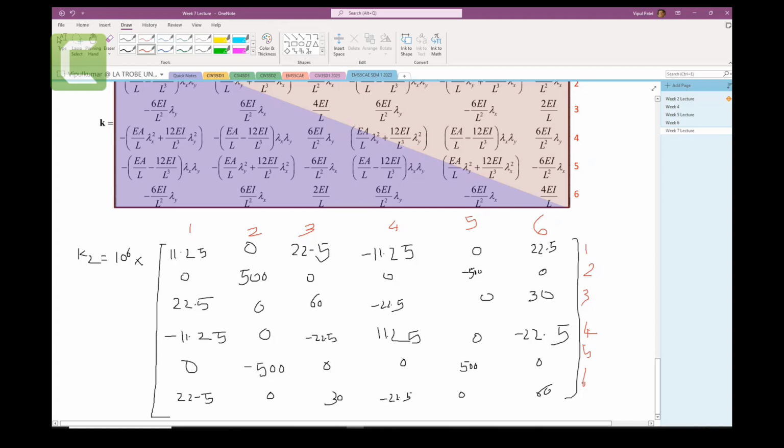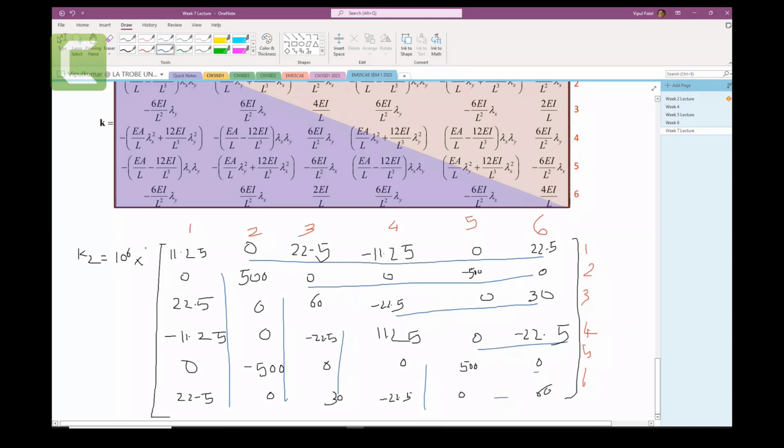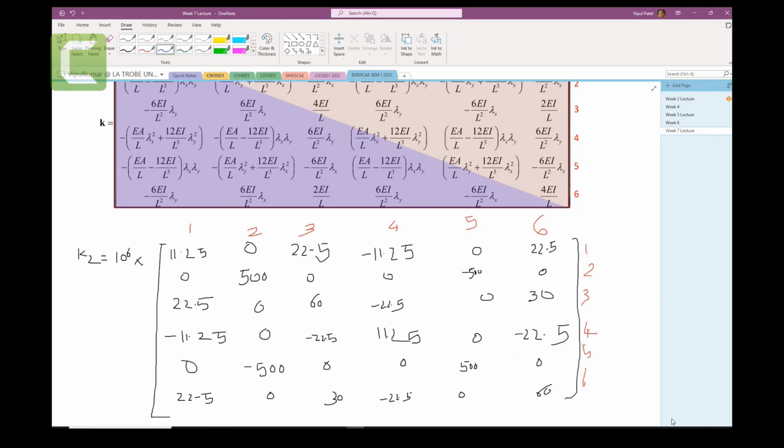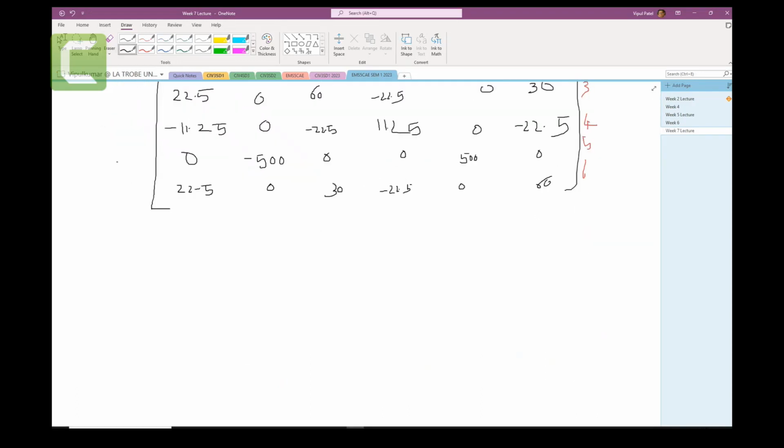Again, you can verify yourself. These numbers are the same as these numbers, these numbers the same as these numbers, this number the same. Diagonal all positive. So that is the verification for you, to look at whether those numbers are matching or not. Now we can assemble them.